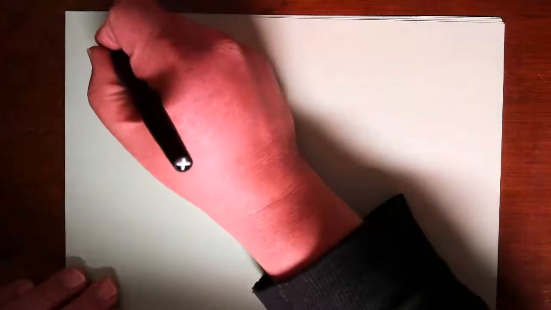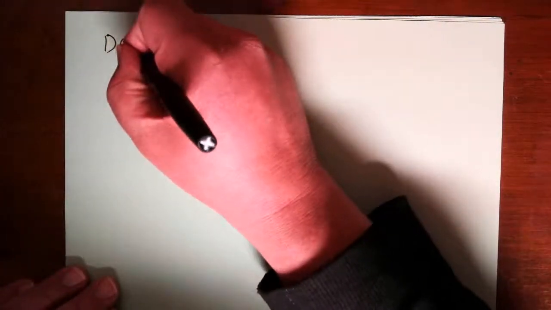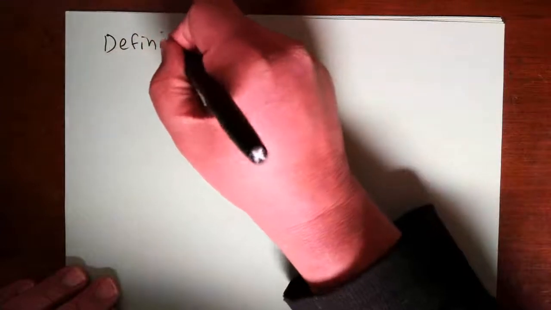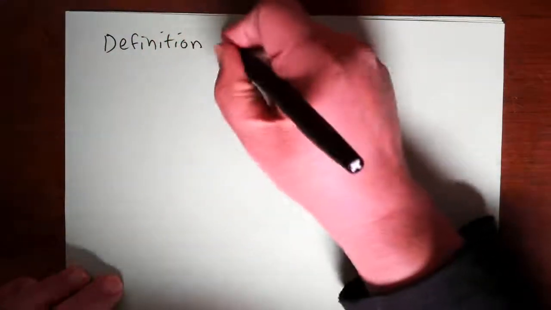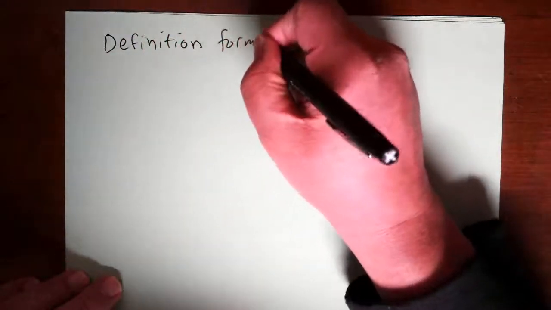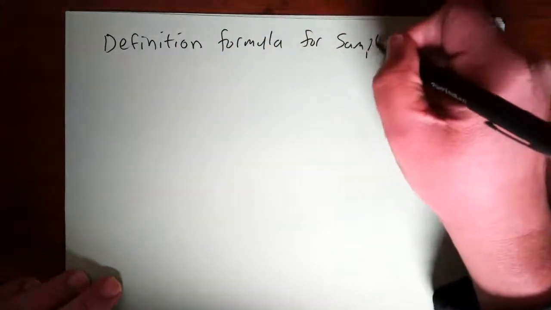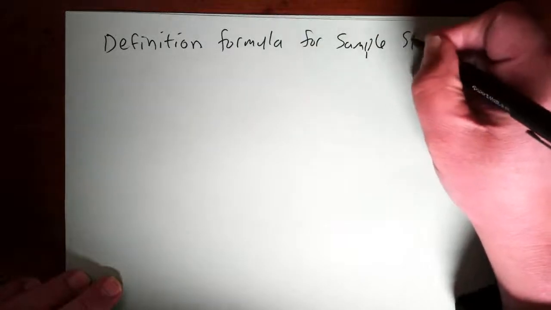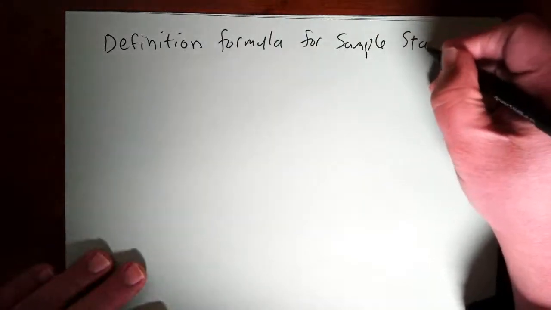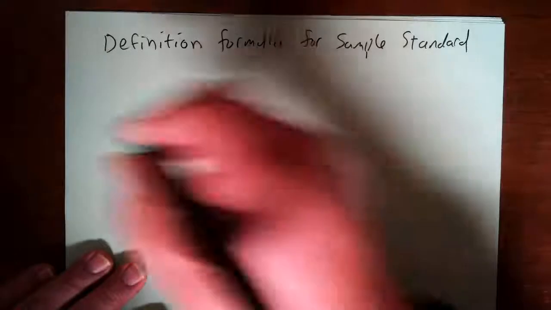And so let me give you the formula for that, and in the next video, I'm going to teach you how to calculate the standard deviation. Okay? So what I'm actually going to teach you here is known as the definition formula for the sample standard deviation.